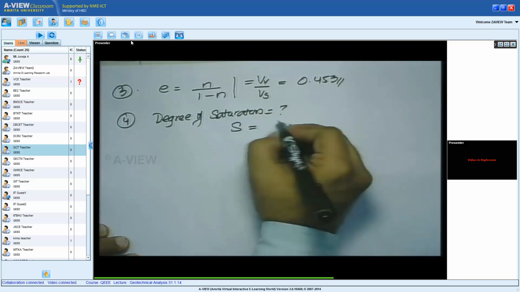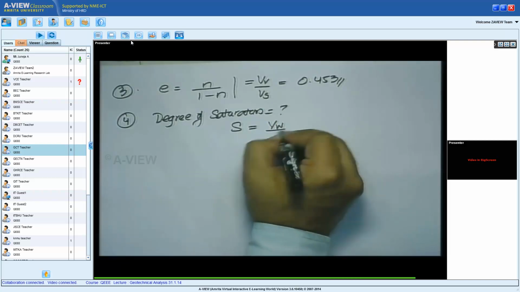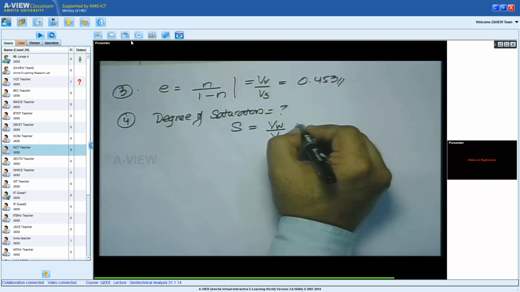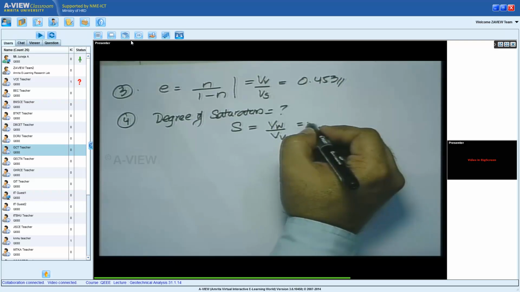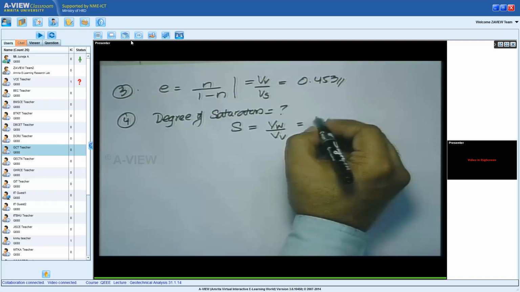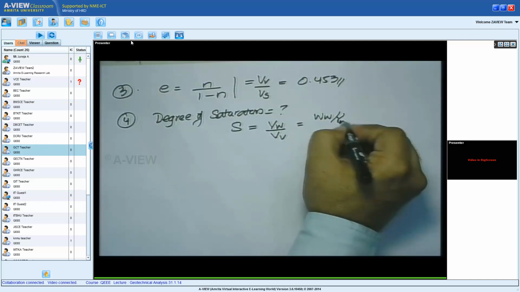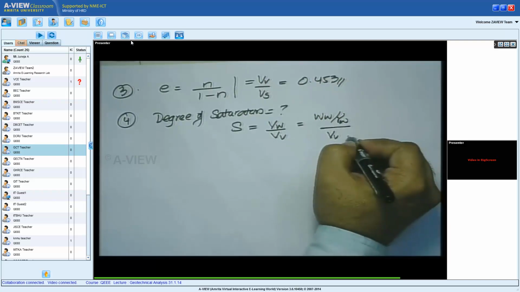Remember, S is defined by volume of water over volume of voids. Volume of water can be rewritten as weight of water over unit weight of water. And volume of voids we have just derived.